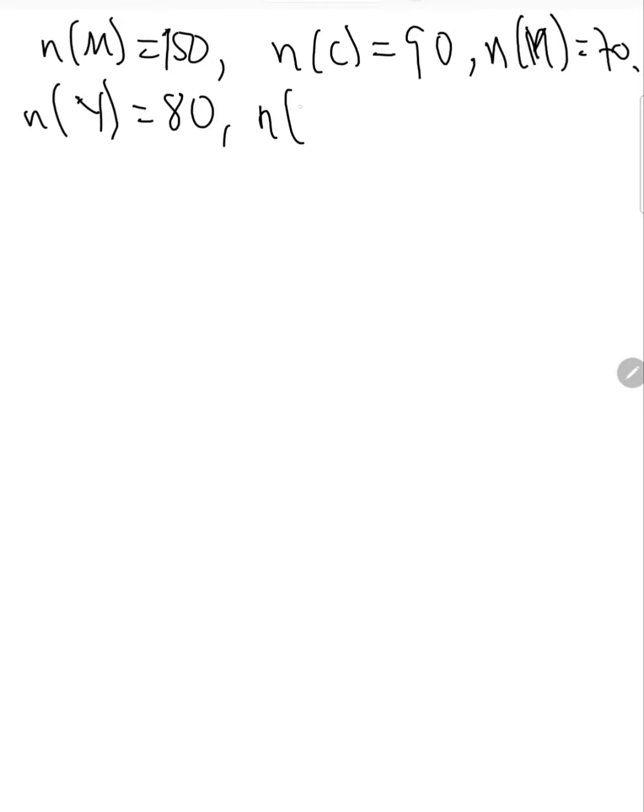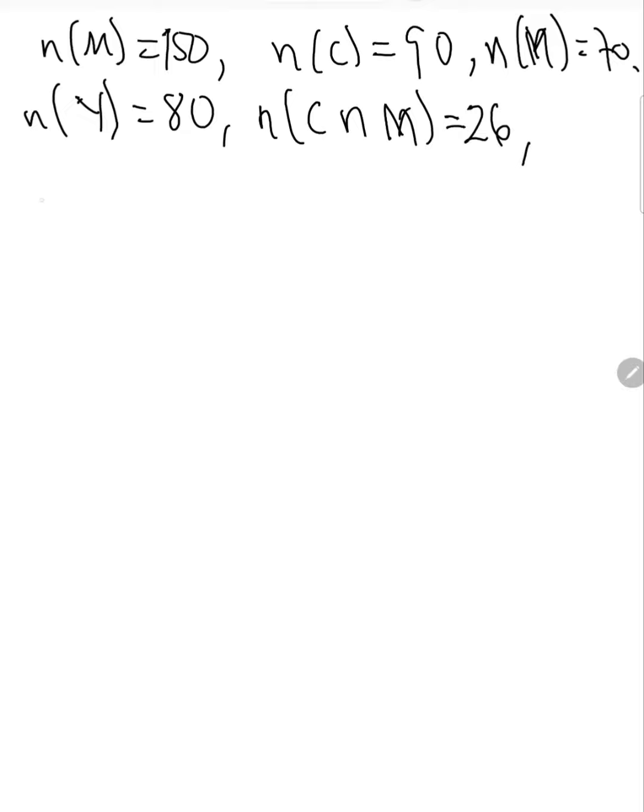So the number of those who sell cassava and maize means cassava intersection maize. That's the meaning. So in set, we use intersection to represent "and", or we will use union.